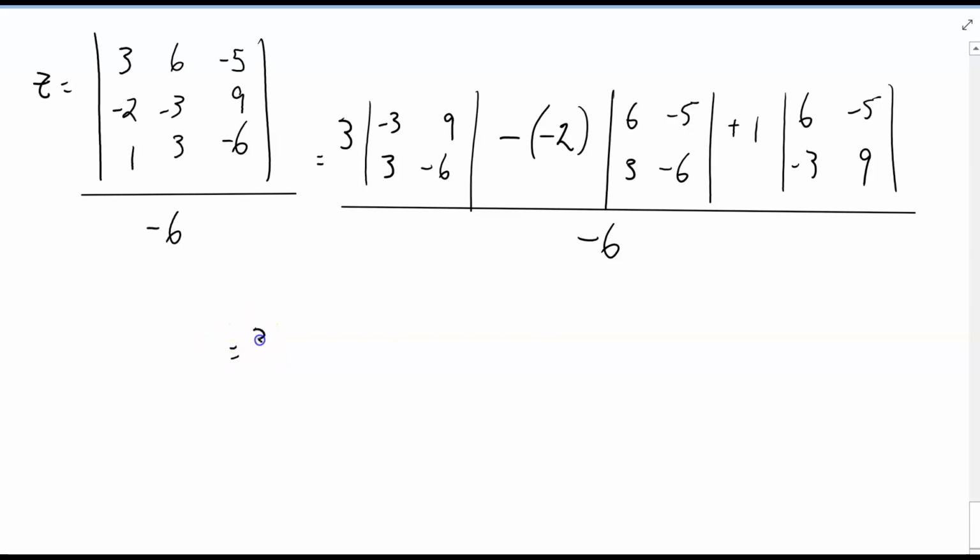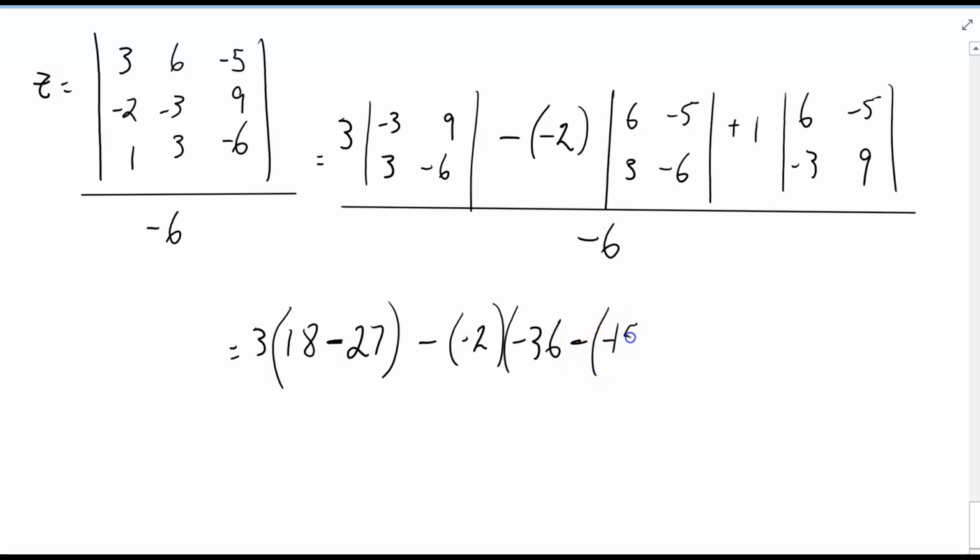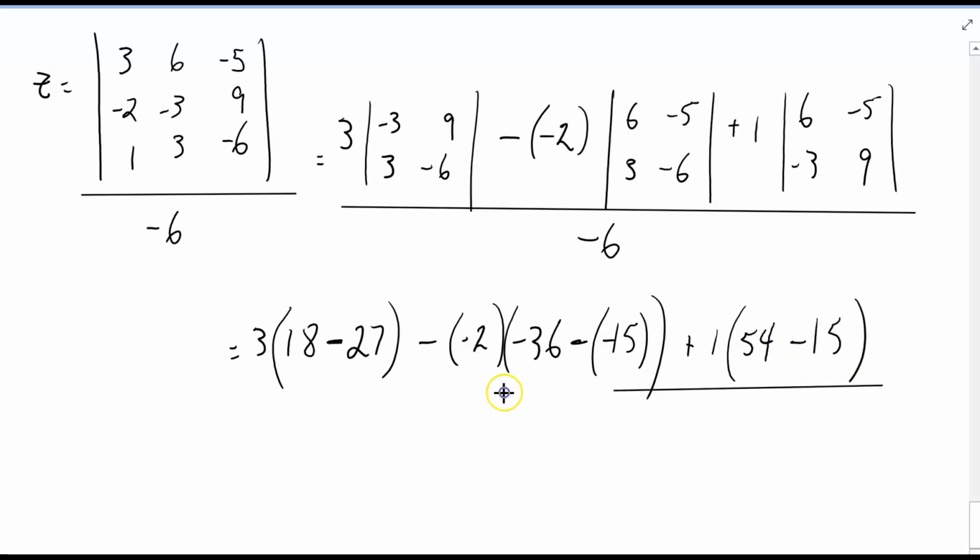So 3 is multiplied by minus 3 times minus 6, which is 18. Subtract 3 times 9, which is 27. Subtract negative 2 multiplied by 6 times minus 6 is minus 36. Subtract negative 15. And 1 multiplied by 6 times 9, which is 54. Subtract 15. And remember that it's all over negative 6.